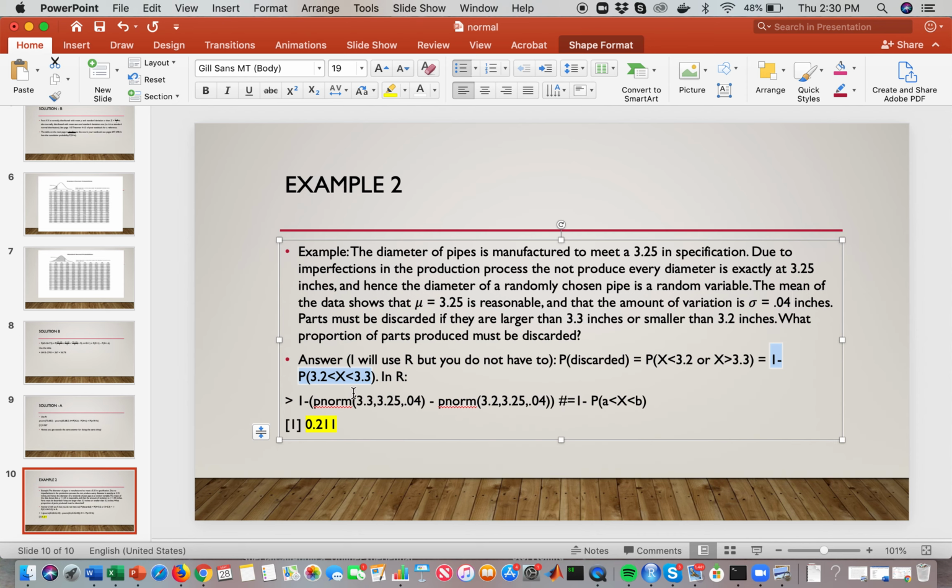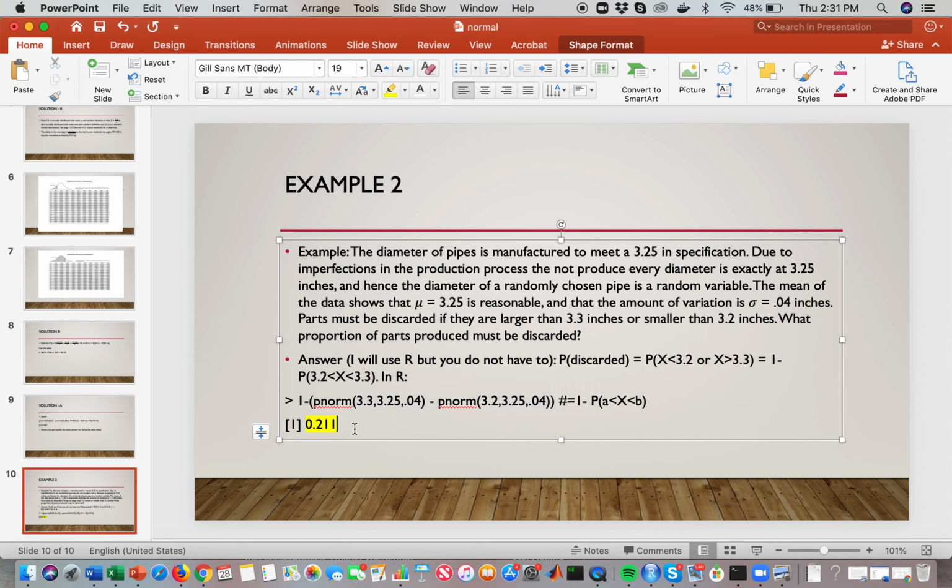So in R, I can just do this command. This computes the probability that it meets the specification. That is between 3.2 and 3.3, or at least that it's not being discarded. Okay, so they're saying it's close enough. So that's not discarded. So what's being discarded is the complement, 1 minus that probability.